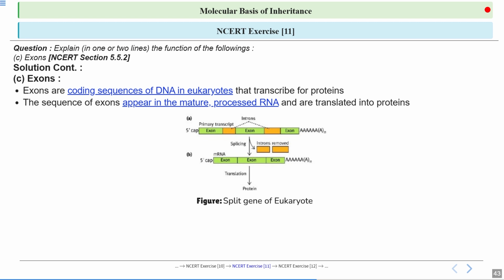So we have to get rid of the introns. With the help of splicing, we can get the introns removed. Then capping and tailing happen, and this as a whole is the mature processed RNA, which is going to be translated into protein.